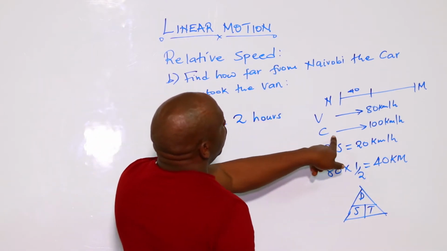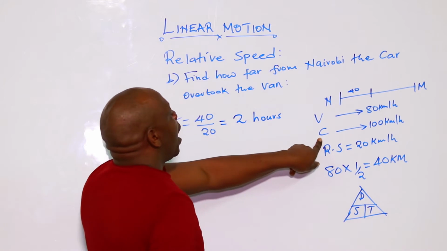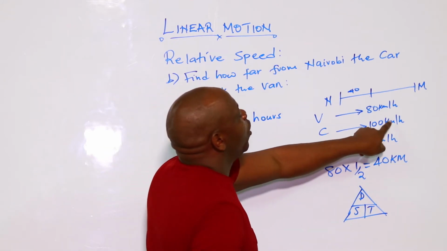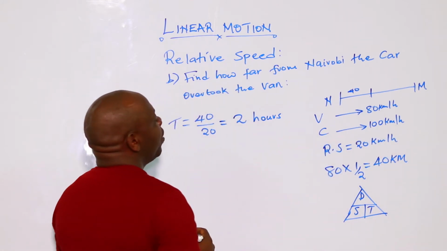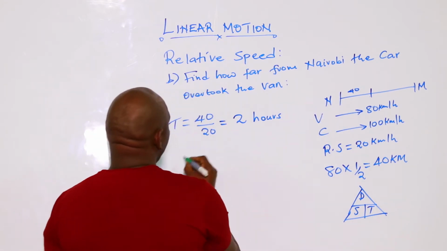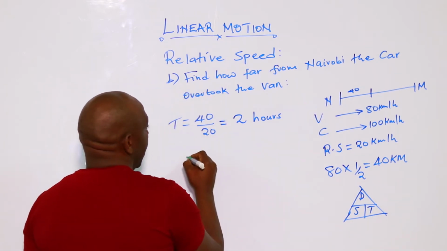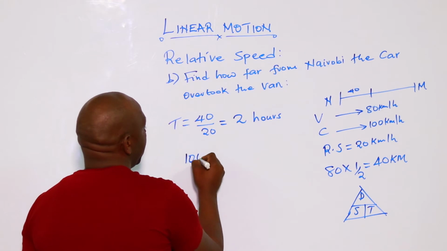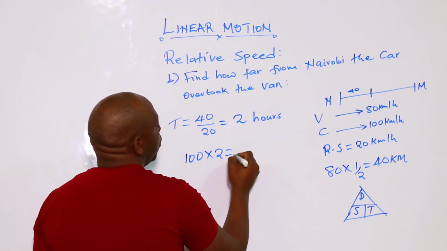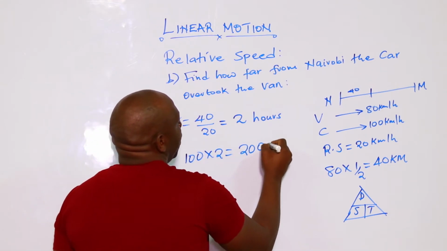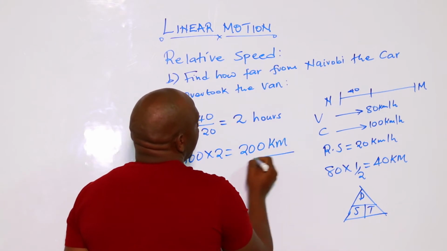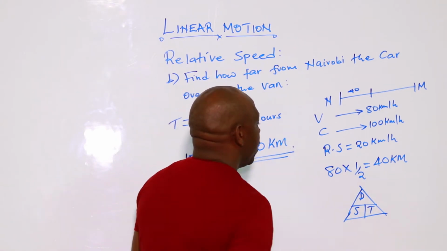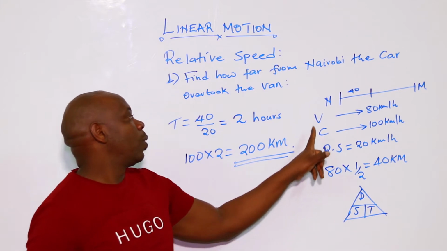So in 2 hours, and this car was moving at 100 kilometers per hour, the distance covered from Nairobi would be 100 kilometers times 2 to get 200 kilometers. That's where the car overtook the van.